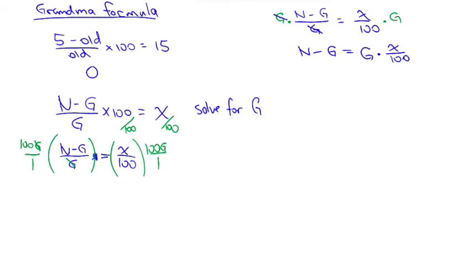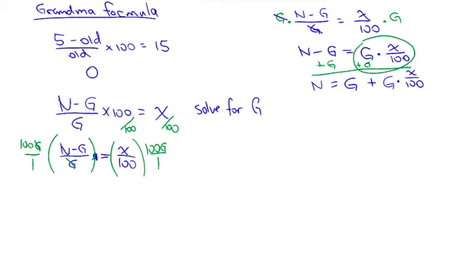So this becomes n equals g plus g times x over 100. I just added g to both sides. Now, I can't combine these the way they look, so I'm just writing them next to each other. The first one plus the second one.